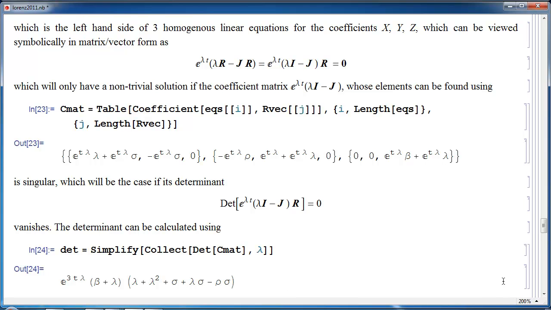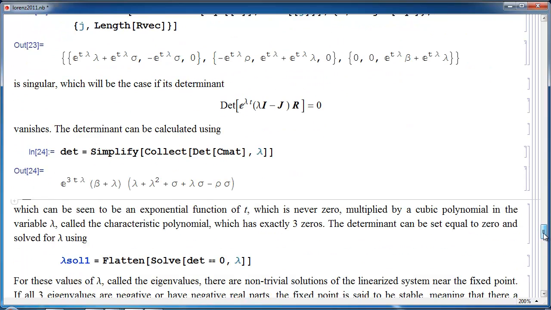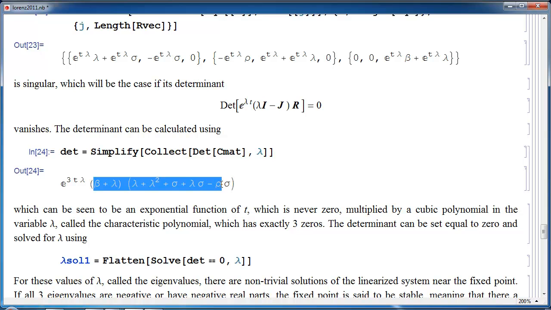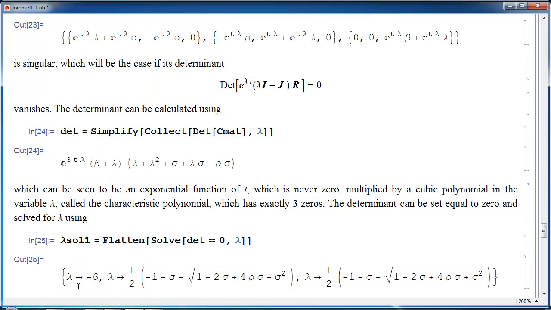And what we see is that this is e to the 3 lambda t times lambda plus beta times this quadratic polynomial in lambda. So this can never be 0, so the result is that this cubic polynomial must be 0. So we can solve that for lambda using this, and this is what we find.